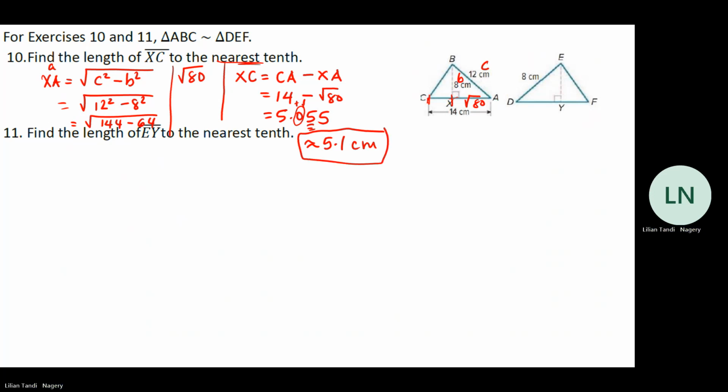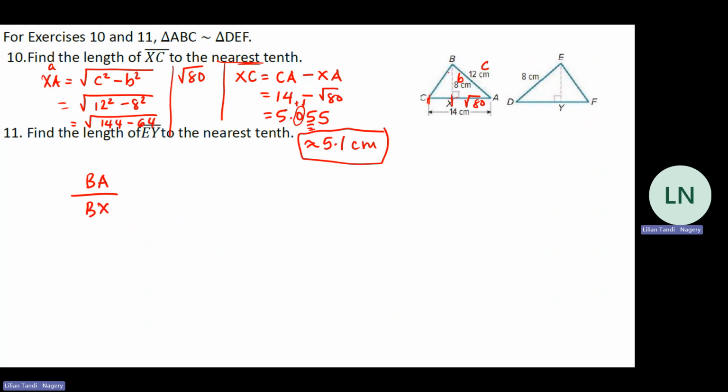Now, after we do that, we should now find, we can use this, BA and BX.